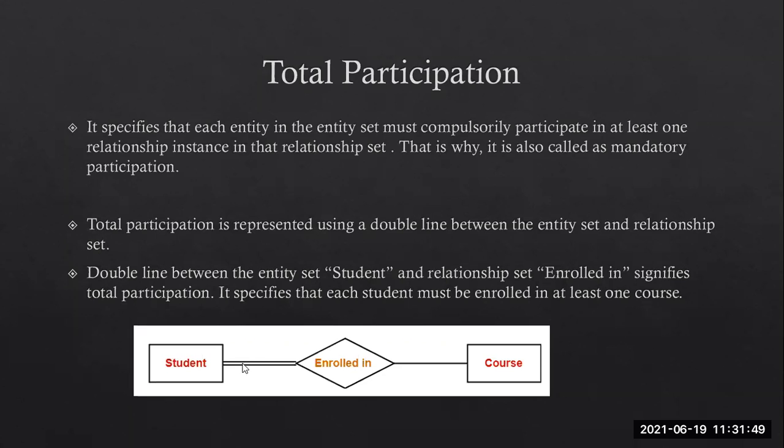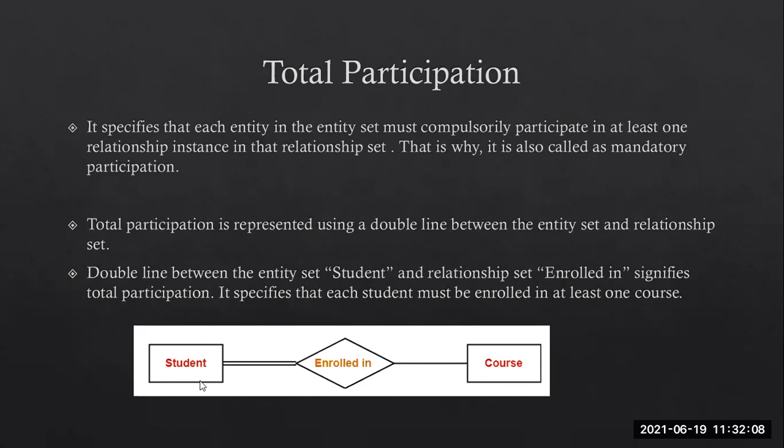How do we identify it? When there is a double line from the relationship to the entity student, we say that from the student table, all the values have enrolled for a course.